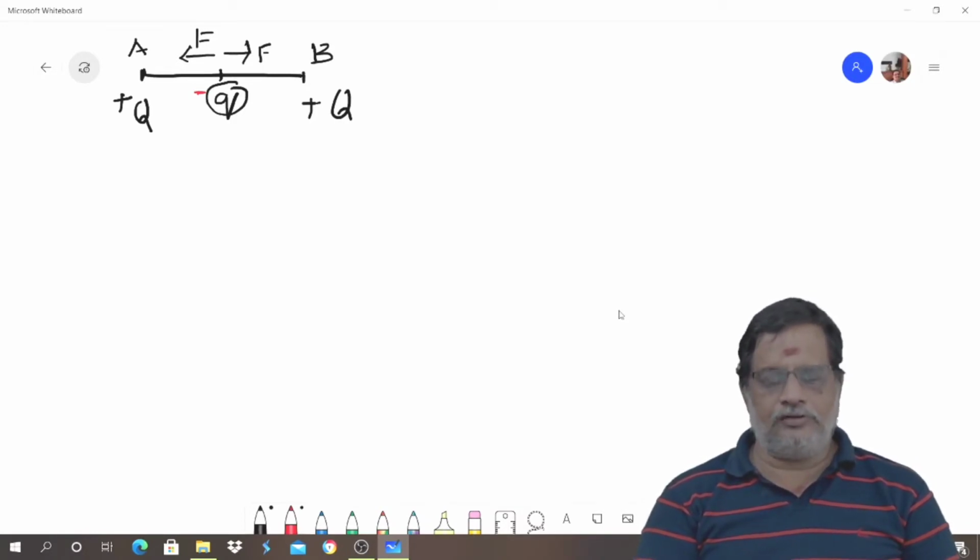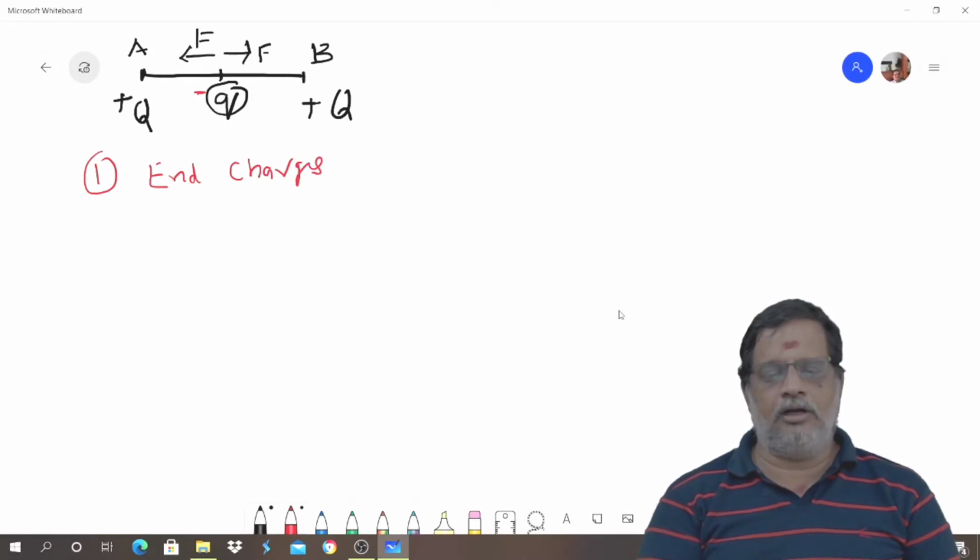The only difference is that this time this negative charge will be attracted by the end charges with forces of equal magnitude. So whether you place a negative charge or a positive charge here, as long as the two end charges are equal and similar, the middle charge will be in equilibrium. So the condition for the equilibrium of the middle charge is that the end charges should be equal and similar.